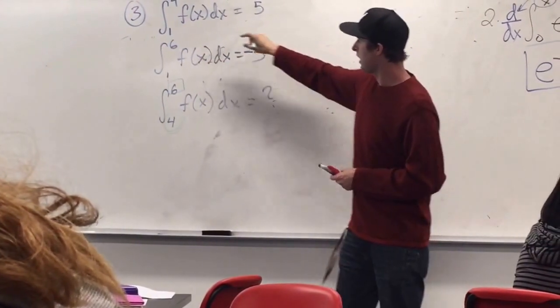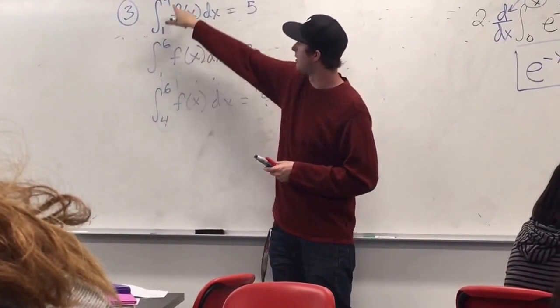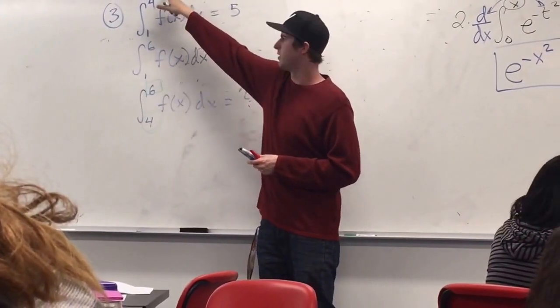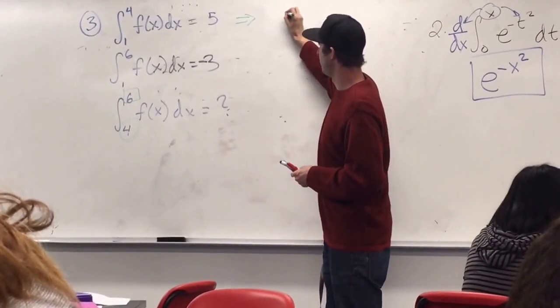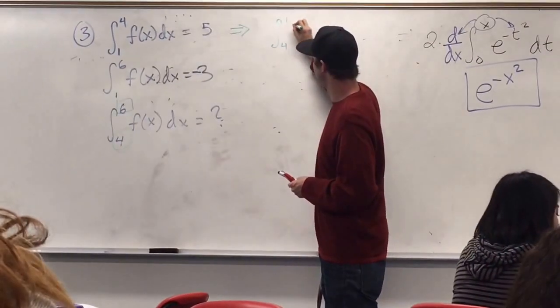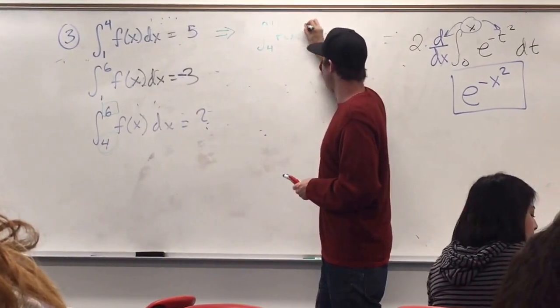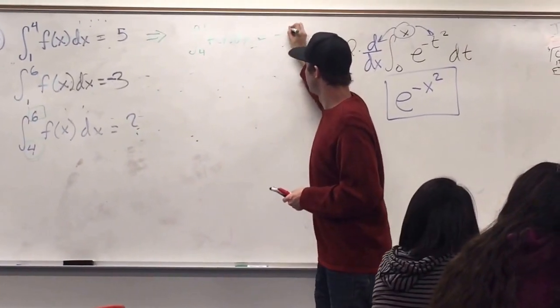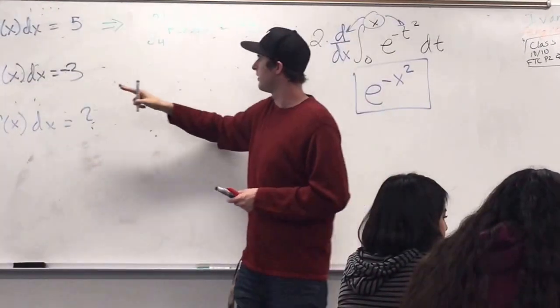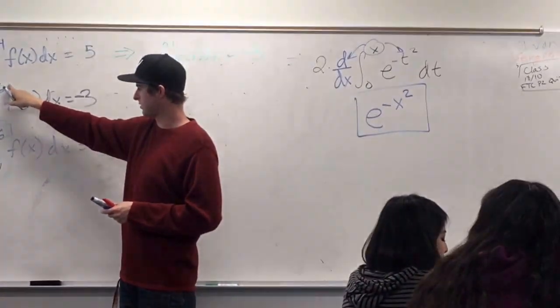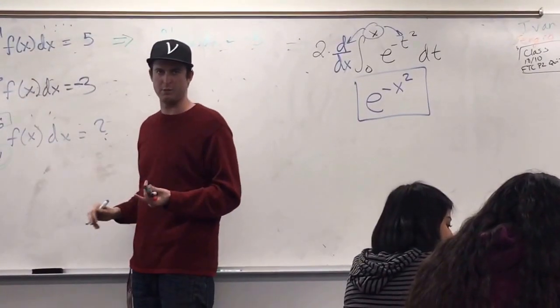So I know that 4 has to be on the bottom. Right now it's on the top, so I have to flip it. That means I'm going to change this to the integral from 4 to 1 of f of x dx equals negative 5, because I flipped it. Now I have 1 on the bottom, 6 on the top. 6 is supposed to be on the top.